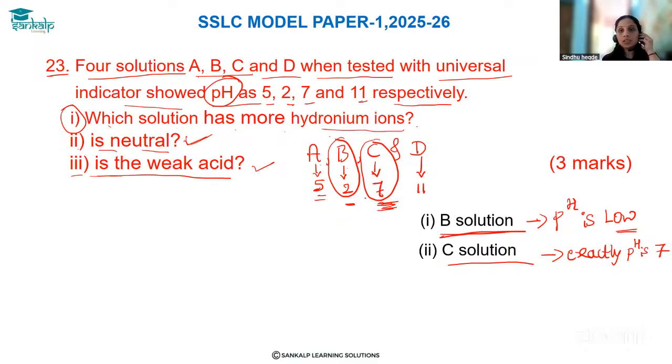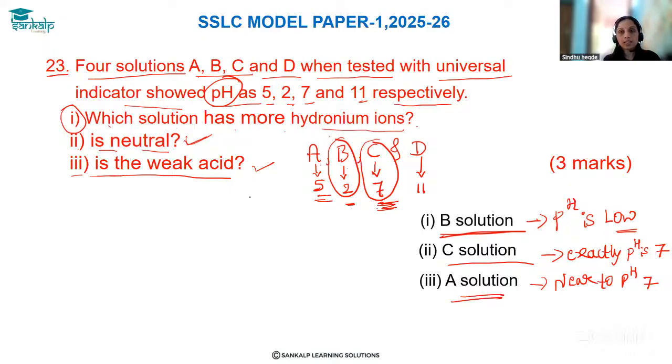Which one is near to 7? Between 5 and 2, which one is near to 7? Solution A, which has pH value 5, is near to the pH value of 7. That's why solution A is considered a weak acid.